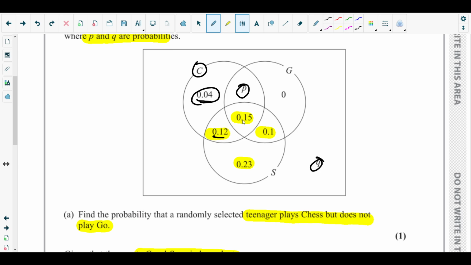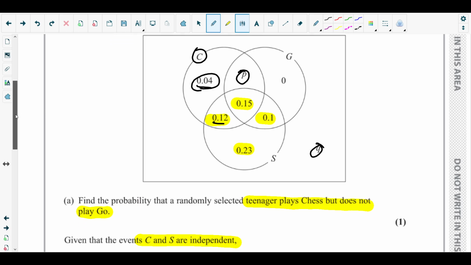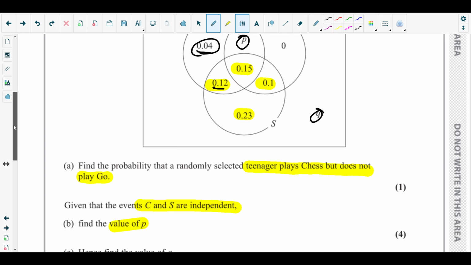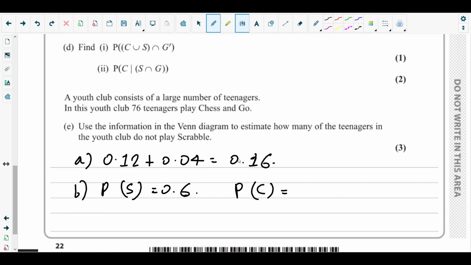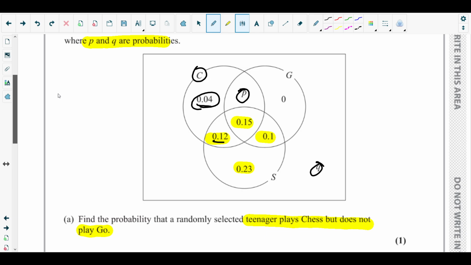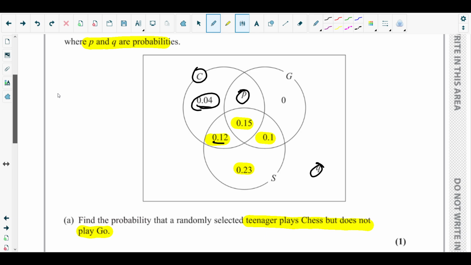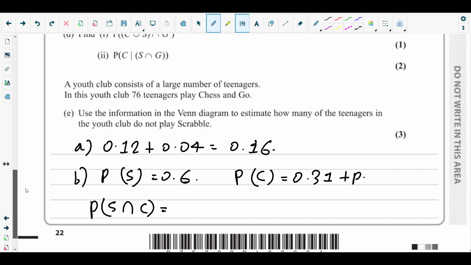So 0.16 plus 0.15 is 0.31, so it is 0.31 plus P. Now, before independence, the probability of S intersection C is 0.12 plus 0.15, which is 0.27.